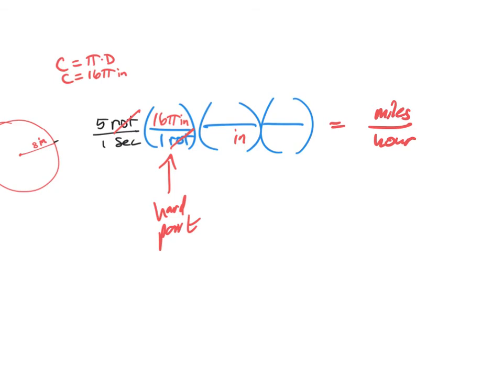Is inches part of miles? No. So I have to get it out of inches and into the next thing. Wouldn't it be logical to use 12 inches in 1 foot? That's a fact. 1 foot over 12 inches is like a 1. That's why we can keep multiplying by these things: they're all equal to 1, because it's the same on the top and the bottom. Why do I use inches on the bottom? Because then the inches are gone and the foot is left on top. My new unit has feet on top and seconds on the bottom.